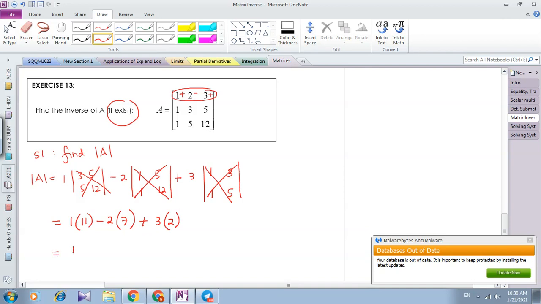And this is 11 minus 14 plus 6. The determinant is 3. Since it's not 0, then A inverse exists.